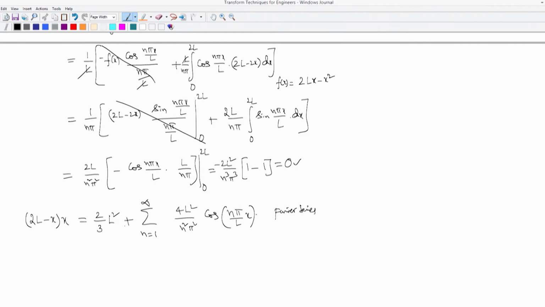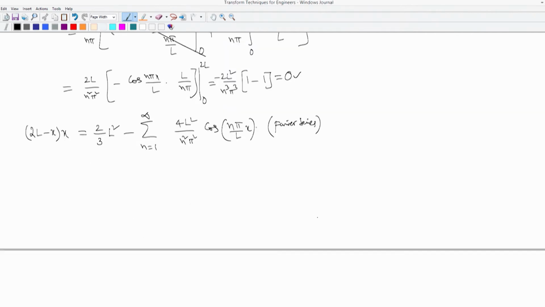So, minus you can take it and put it outside. So, this is your Fourier series. So, you actually assume that this Fourier series converges to the signal. So, that is why we equate it here. So, this is still actually a question mark unless we prove that this converges pointwise. You fix your x, this series converges to this function 2L minus x into x.